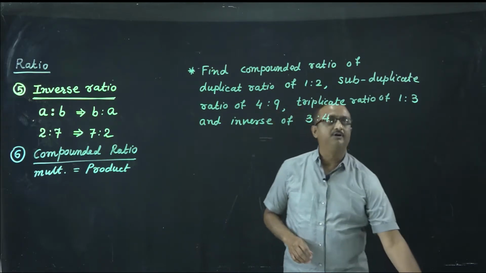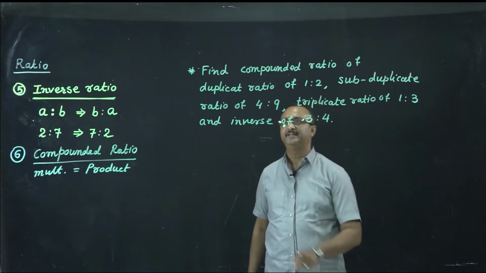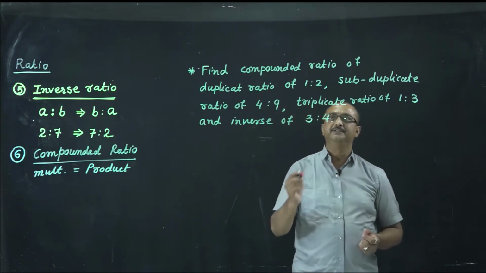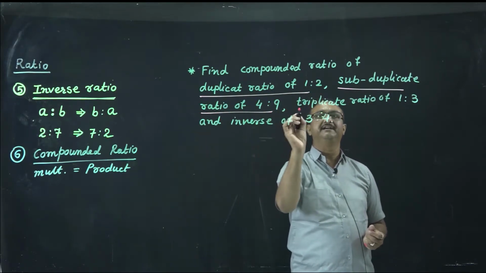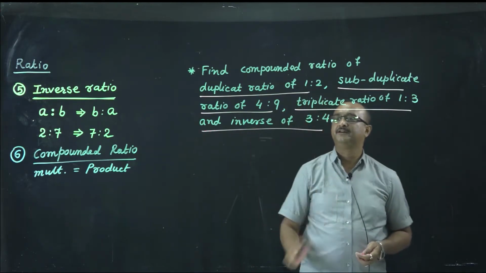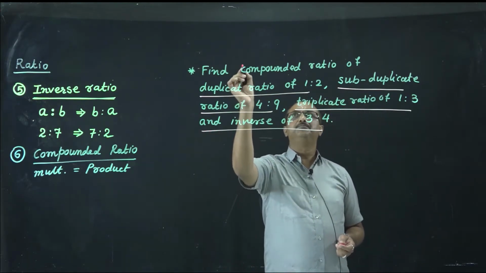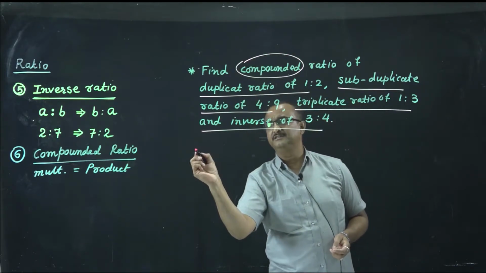Compounded ratio is nothing but the multiplication of all these terms.